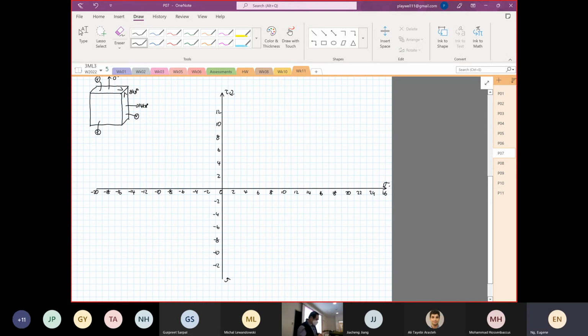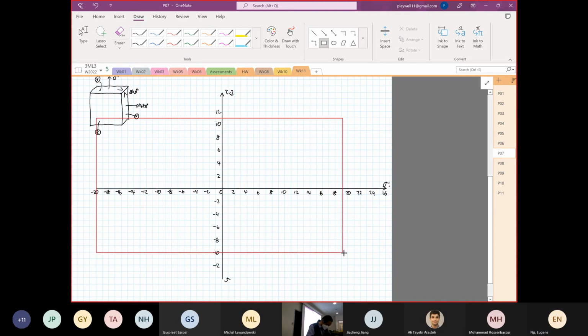Okay. I'm going to draw a box. And this box is going to be this size. Okay. This is the red box.